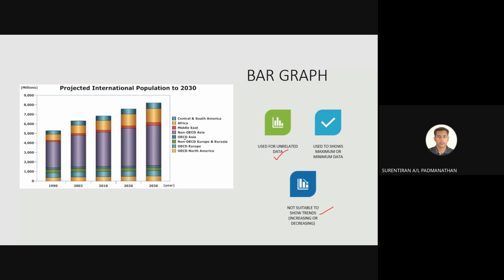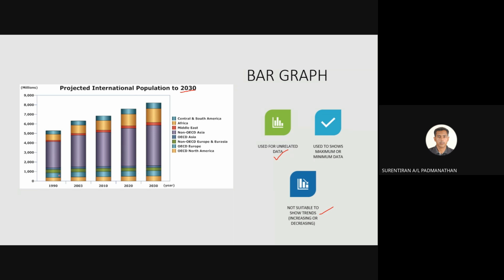This one is the projected international population for 2030, for example. You can see in 2003, this is how much, 7 million. In 2013, this is how much. Because we have different countries for each year, maybe country A has this much population, country B has this much population.